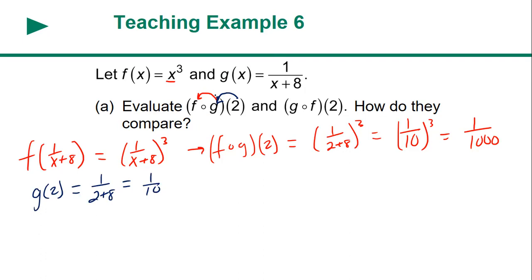After I do that, I'm going to plug that output into f. So now I'm going to do f of 1 over 10, which is 1 over 10 to the third power. And you're still going to result in 1/1000. So either way, when you're evaluating, it's up to you.